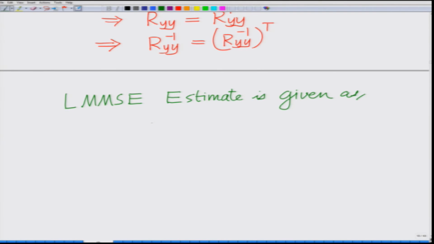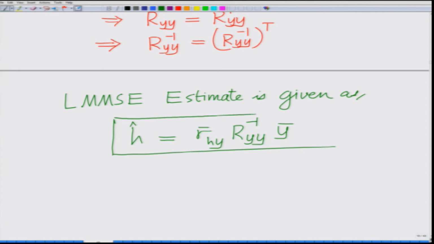The LMMSE estimate is finally derived as h hat equals R bar HY into RYY inverse into y bar. This is the expression for the LMMSE estimate.